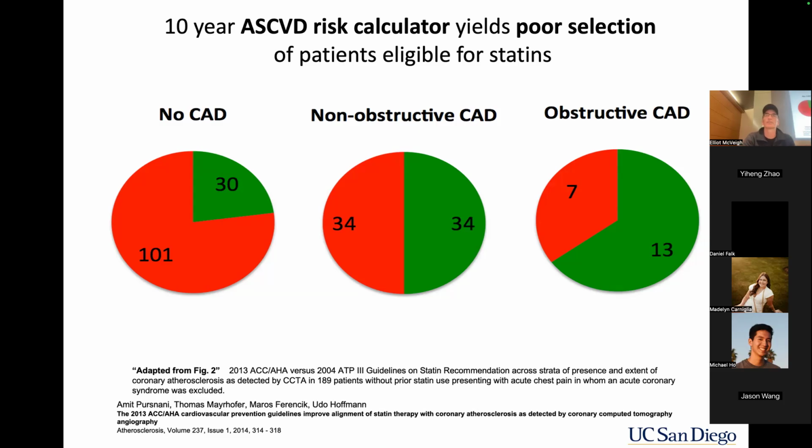No calcium, whatever. 30 out of 131 were recommended using this risk calculator to go on a statin. And that probably makes sense because they had high LDL, right? So that's probably what drove that recommendation. And so that's okay.